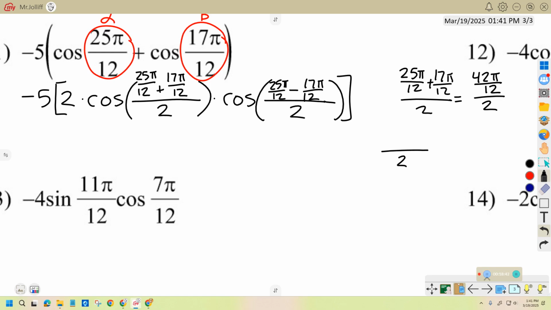Think bigger. I agree with 2. I don't think 4. 6. Yeah, I think they're both divisible by 6 because they are divisible by 2 and by 3, which means they're divisible by 6. So what is 42 divided by 6? 7, so we're going to get 7 pi, and then 12 divided by 6 is 2. That looks way less scary. So 7 pi over 2 over 2.